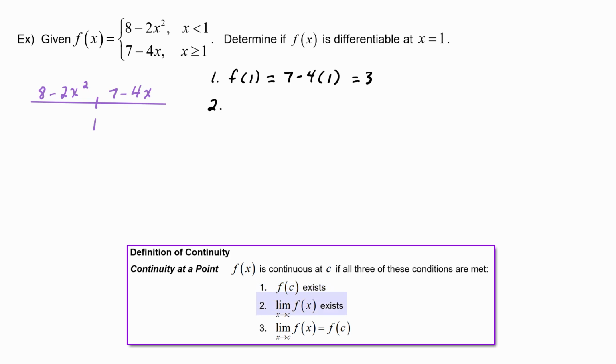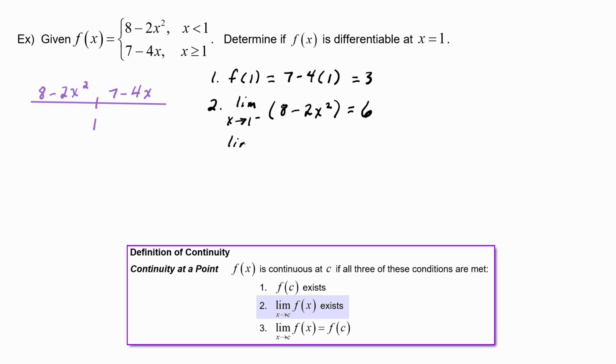Step 2 says we have to do the two-sided limit as x approaches 1 of f of x and find out if it exists. Because we have a piecewise defined function, we can't do a two-sided limit directly, so we need to look at the one-sided limits. The limit as x approaches 1 from the left means we have to use this 8 minus 2x squared piece, and doing a direct substitution, that's equal to 6.